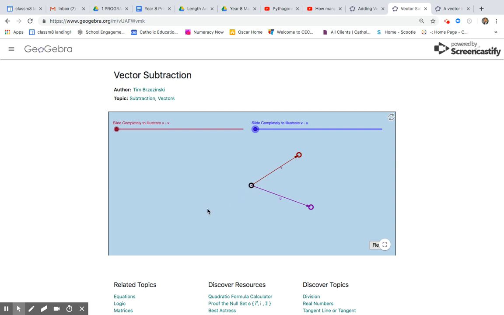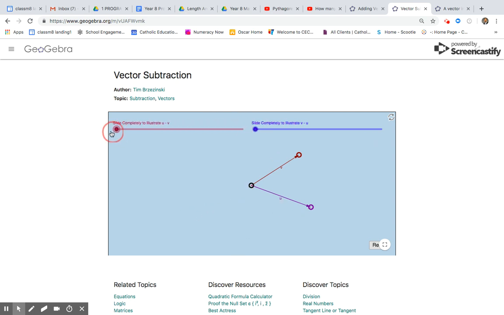And then if we were to move that across to do, again, the tip to tail method, head to tail method, minus v would be down here. So there's minus v. It's the same magnitude, but just in the opposite direction. And then we're going to slide it up. So again, this is our u minus v, and the resultant vector is that vector there.